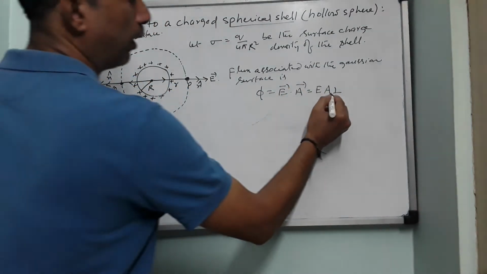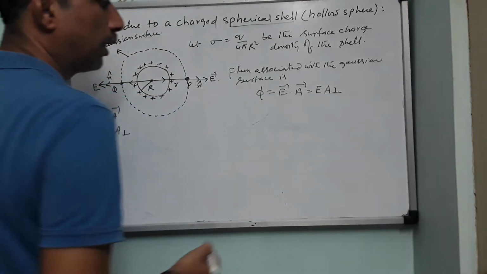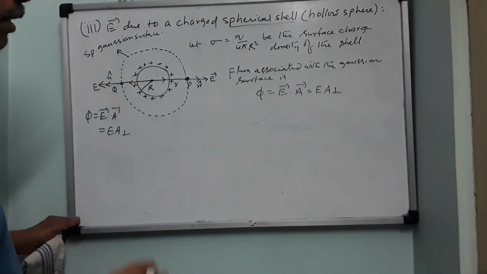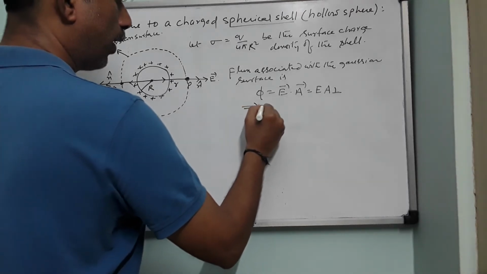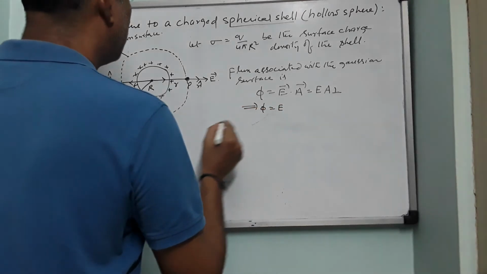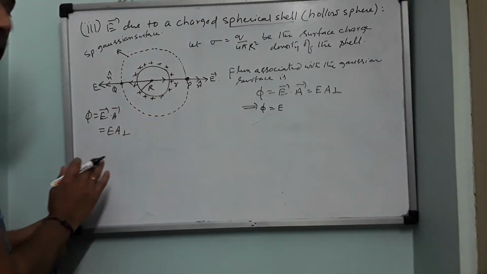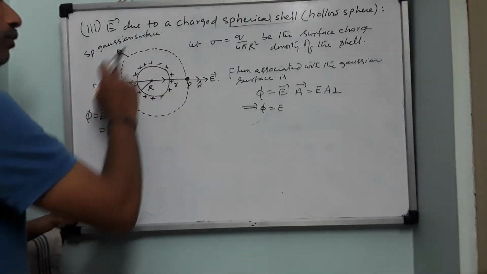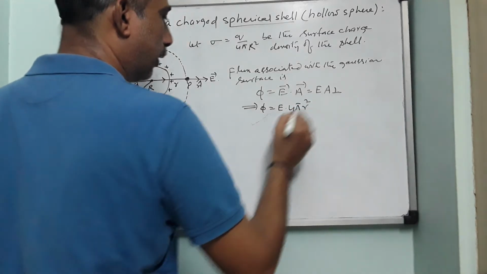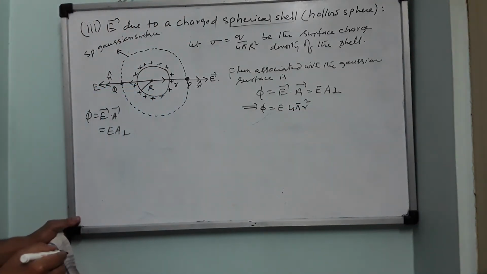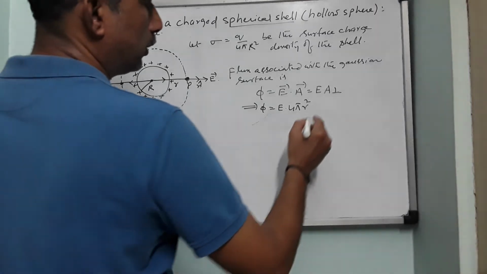So phi equals E into 4 pi small r square, where r is the radius of the Gaussian surface. This is equation 1.